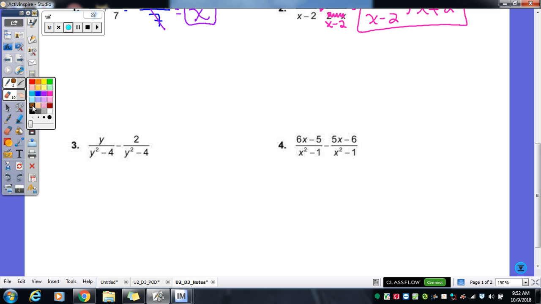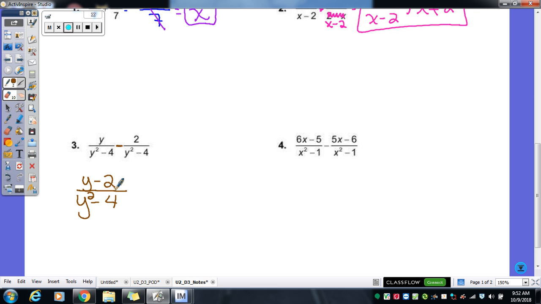All right, looking at number 3. So again, you should be asking yourselves in your head, is our denominator the same? Yes, they are. They're both y squared minus 4. So I'm going to keep my denominator. We have a subtraction up here in our numerator. I can't actually subtract my y and my 2, so I just write it as y minus 2.